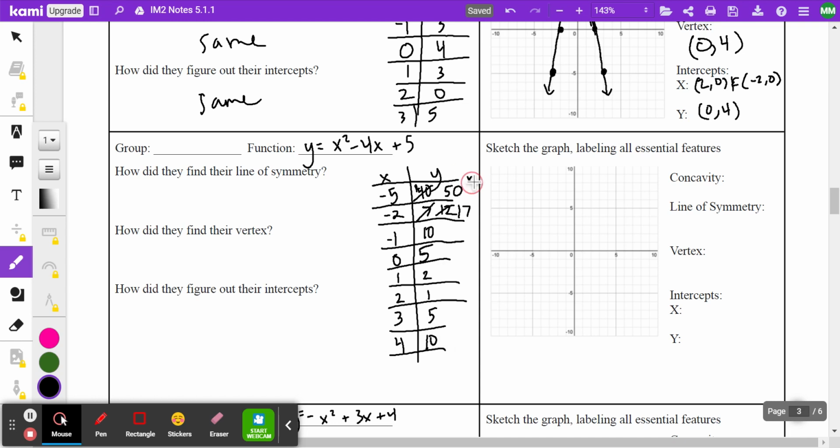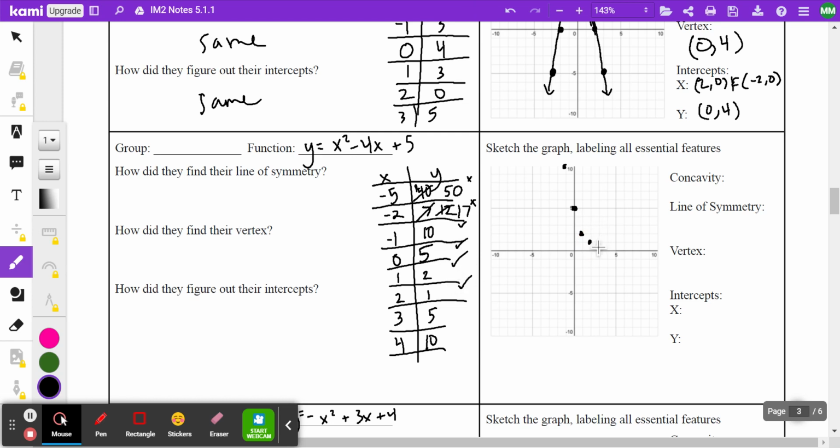Negative 5, 50 is not going to make it on a graph. Negative 2, 17 is not going to make it on a graph, but negative 1, 10 will. So that's right here. 0, 5 right here. 1, 2 right here. 2, 1 right here.